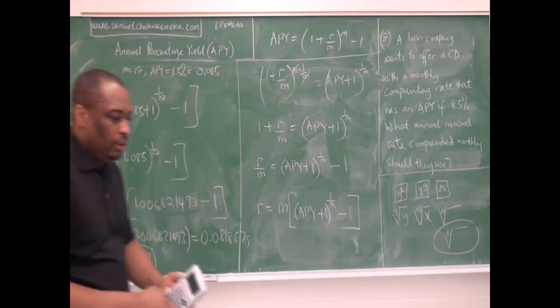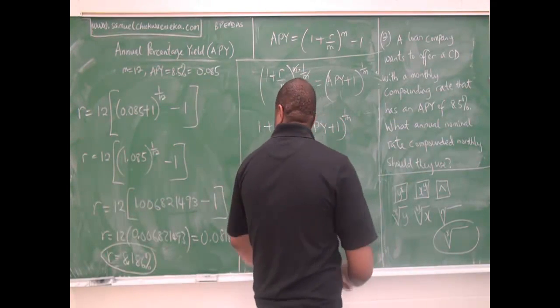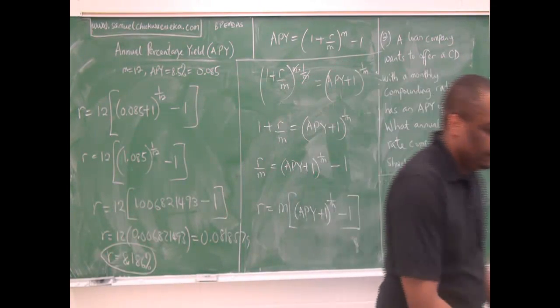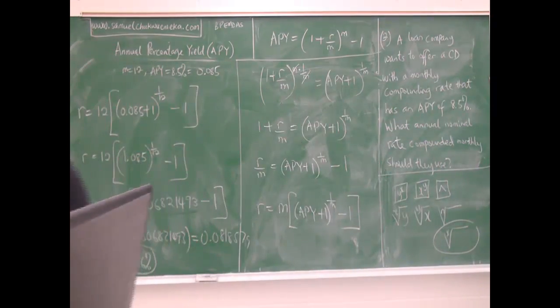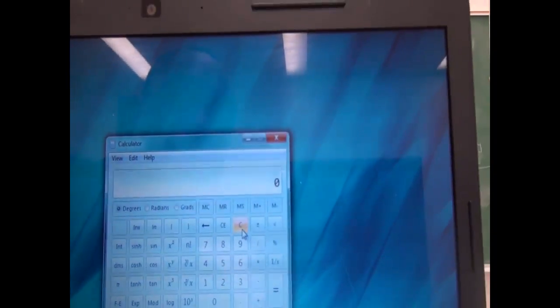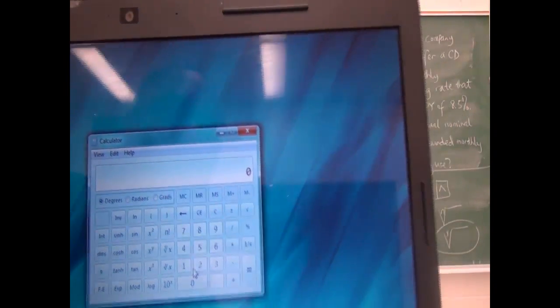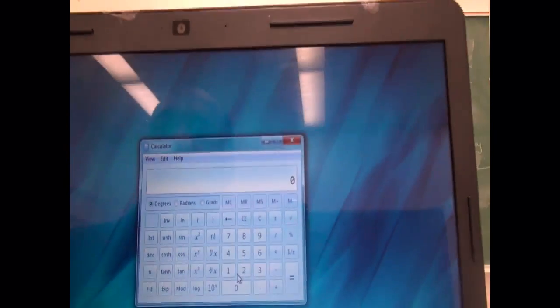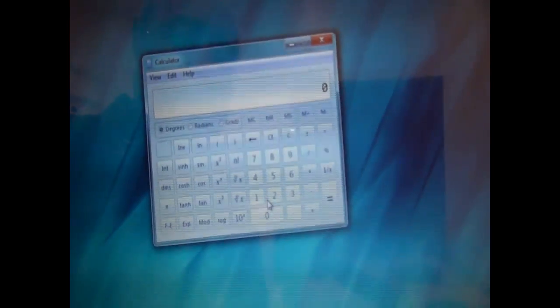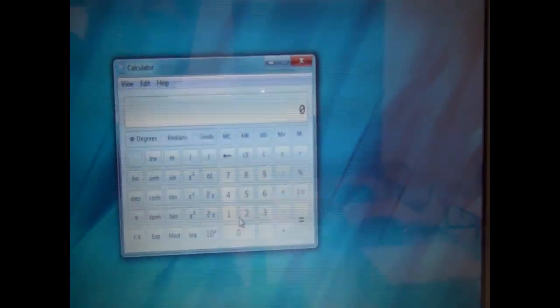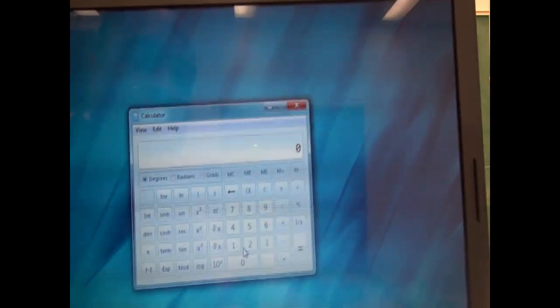8.186%. Okay. If you want to do this with the calculator on your computer, then this is what you do. I have my calculator pulled up already. You go to view, go to scientific. Then you do just like in the calculator, but in my calculator I press 12 first. In the calculator you use here, you have to press the 1.085 first.